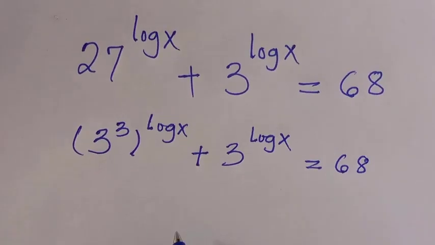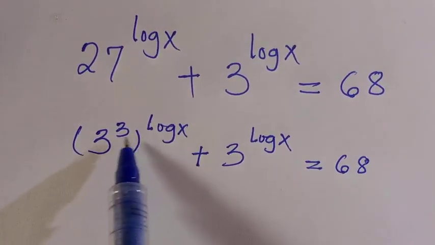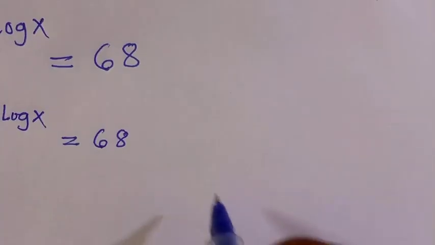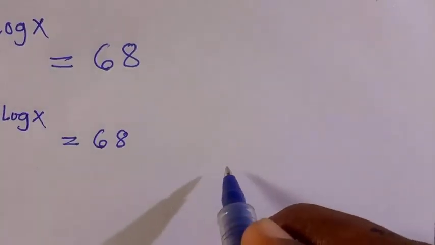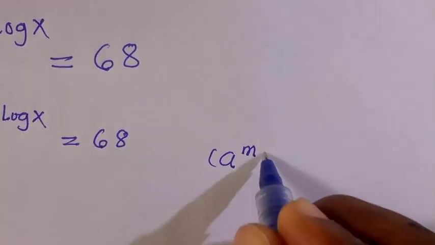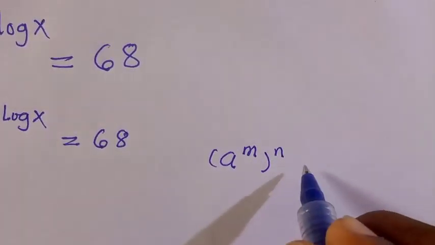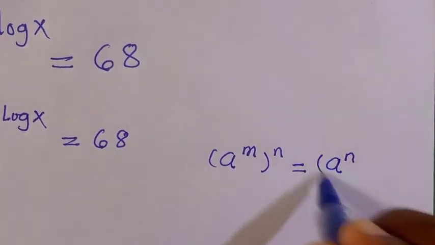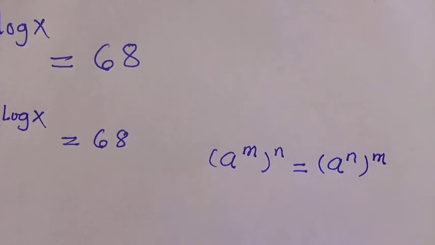And so here we have 3 to the power of 3 log x. By considering this rule of exponents, when we have a to the power of m all raised to the power of n, we can also have it as a to the power of n all raised to the power of m.